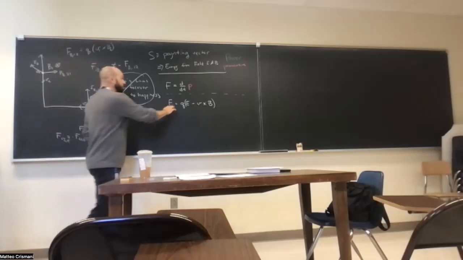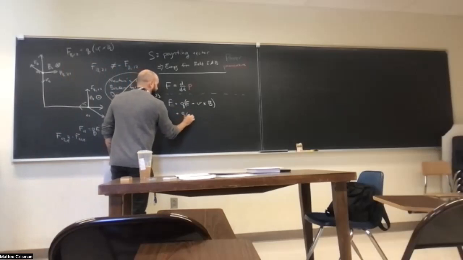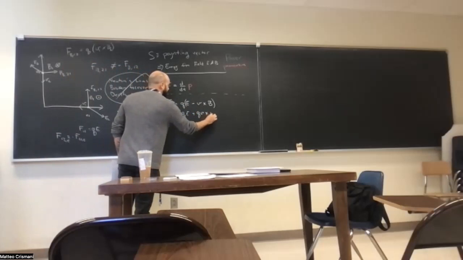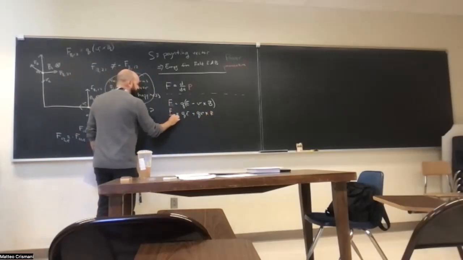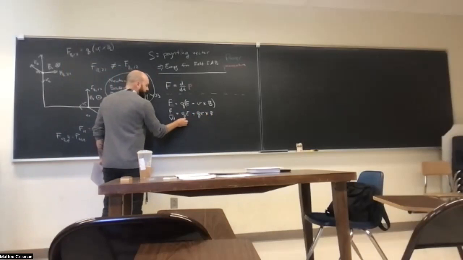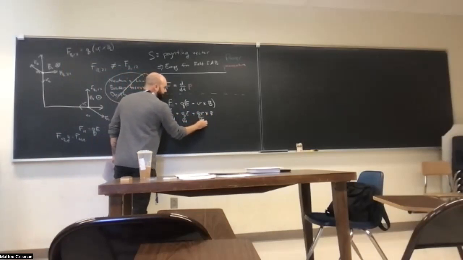We can distribute this over. And we could say something along the lines of QE plus QV cross B. And then I can say, well, what happens if I divide both sides by the volume? Then this thing is divided by the volume, and this thing is divided by the volume.